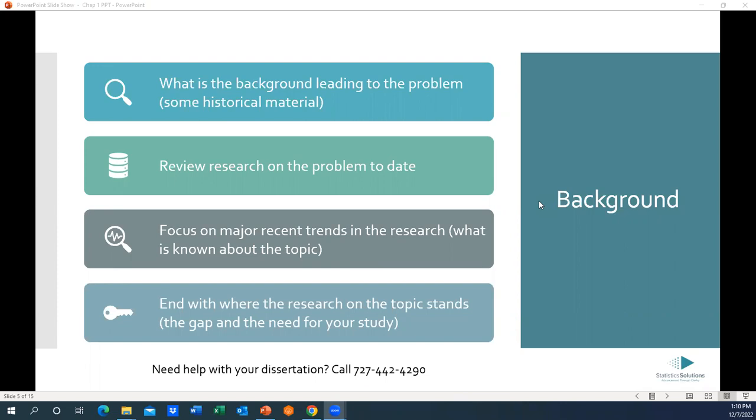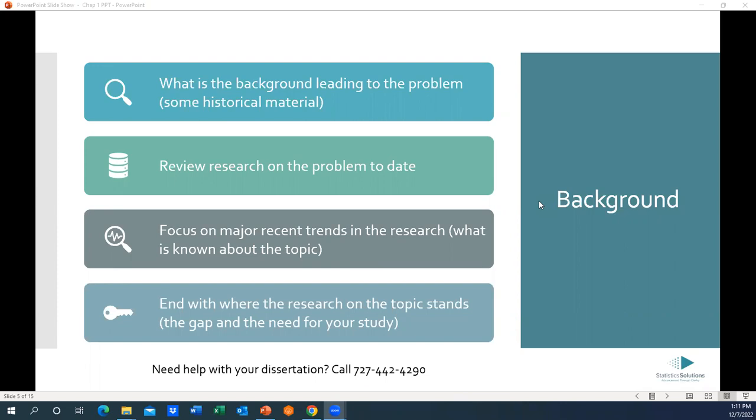You're not getting too detailed here, but you're following the trends of the research: in the 70s, the research focused on these things, moving forward a little later, it focused on these other things. Here's where we are now with the research. So it's a historical view. Again, just catching the reader up to where the issue has been, where we are now, and what's needed now.